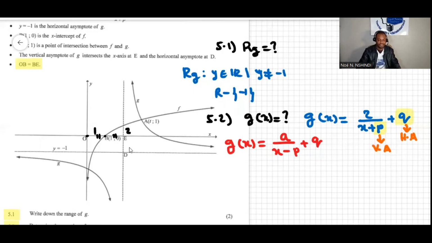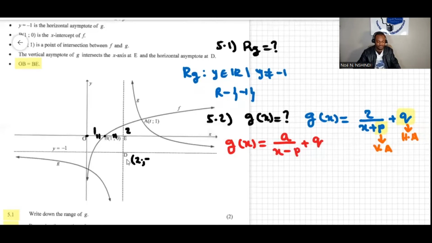Now, D is on the same vertical asymptote, meaning the x coordinate of D is also 2, so the coordinates of D will be (2, -1). Now we can write over here that the vertical asymptote is 2.